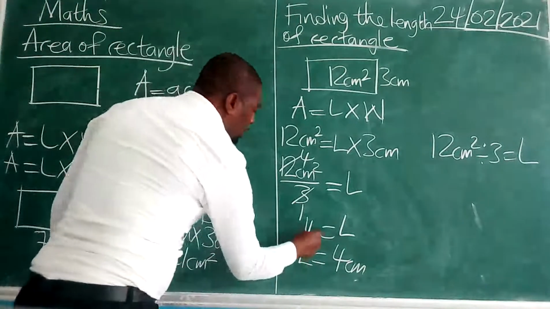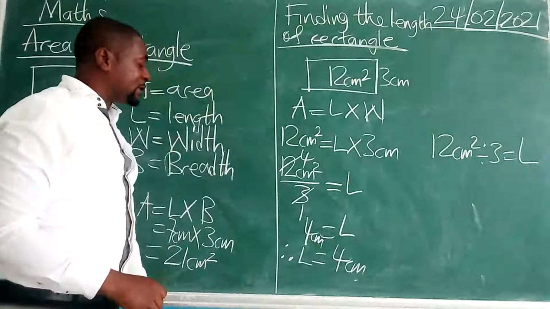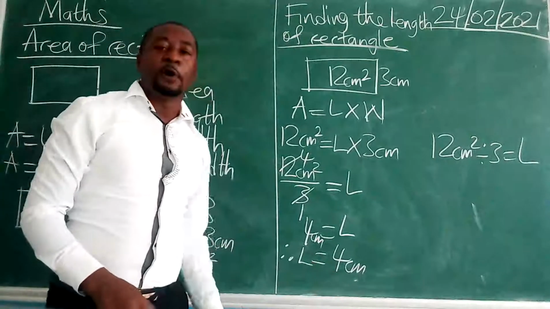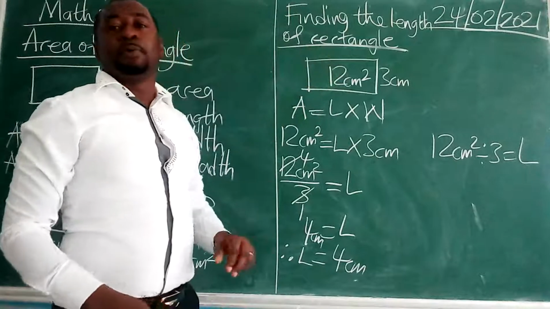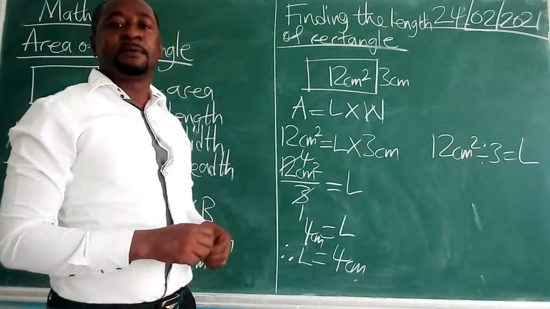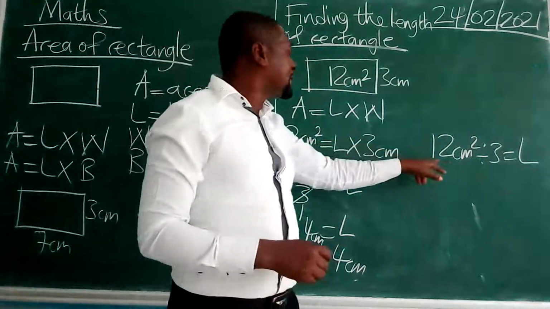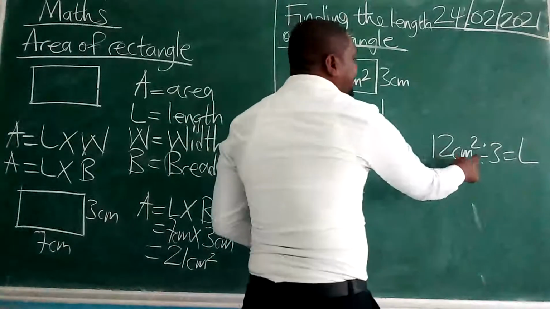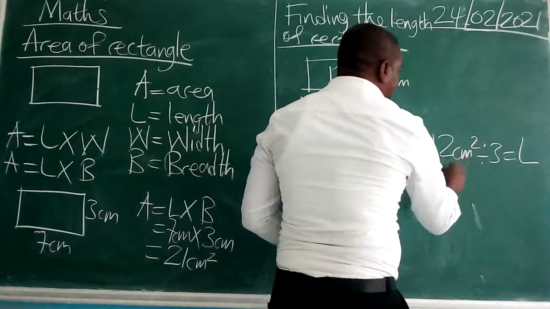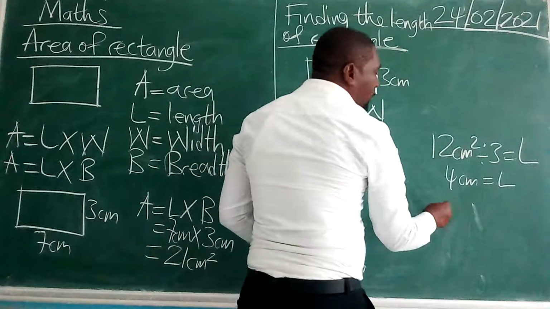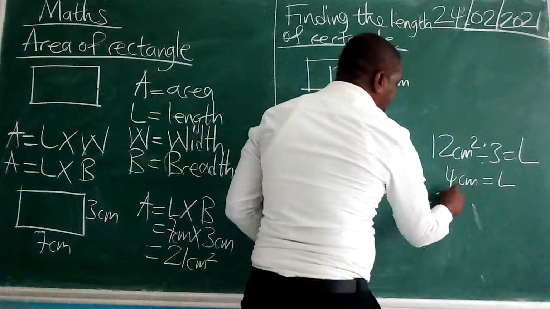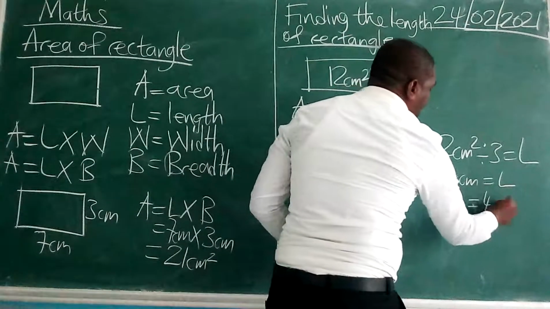So the length of this rectangle is 4 centimeters. The same thing here: 12 divided by 3 is 4 centimeters, equals to L. So therefore L equals 4 centimeters.